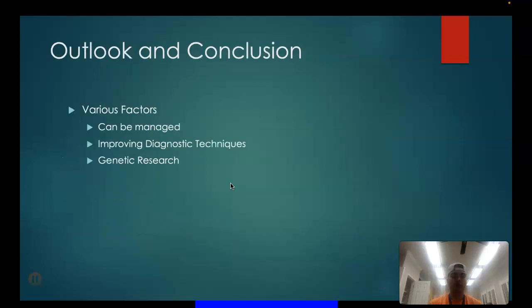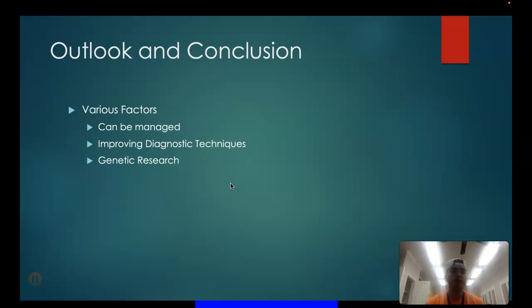So to conclude, and just a little bit of outlook, there are various factors that affect hemolytic anemia, such as whether it's hereditary or whether it's from environmental factors. Hemolytic anemia can be managed, and currently there is research going into improving diagnostic techniques, exploring targeted therapies, medications, and advancements in understanding the immune-mediated processes.